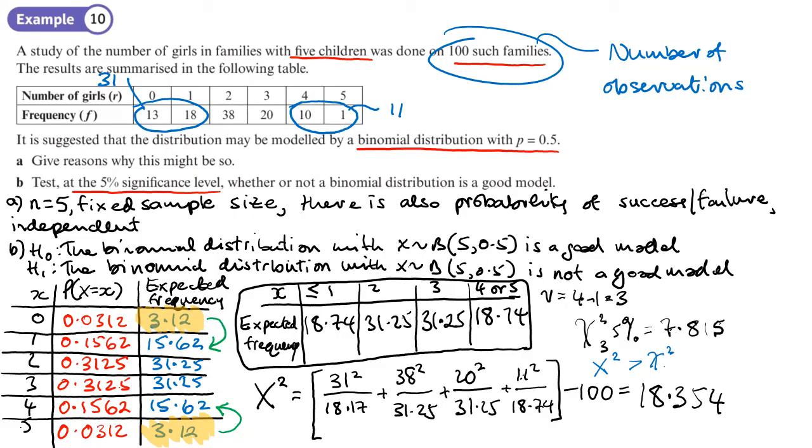So we would reject H0 and we would say something like, there's evidence to suggest that the binomial with those values that we've suggested, where we have 5 and 0.5, is not a good model.